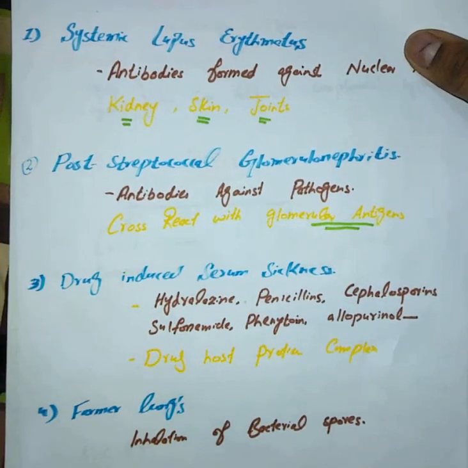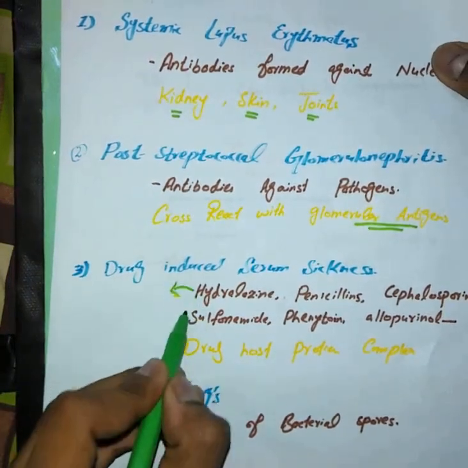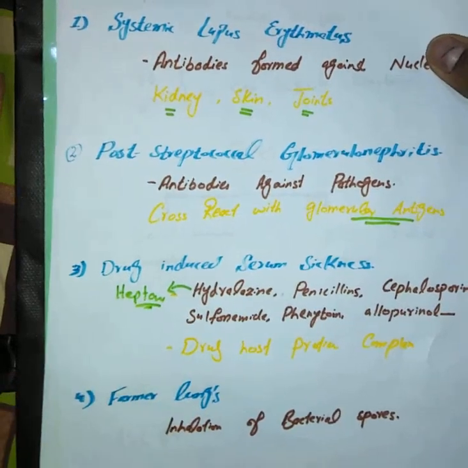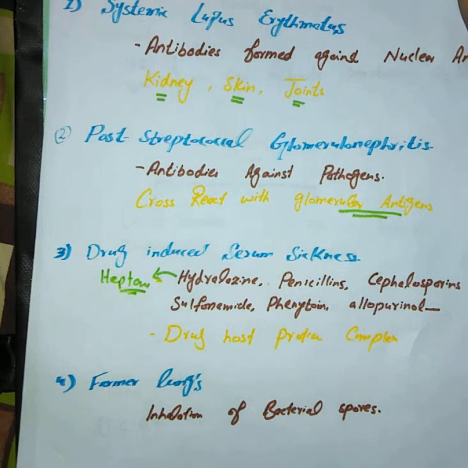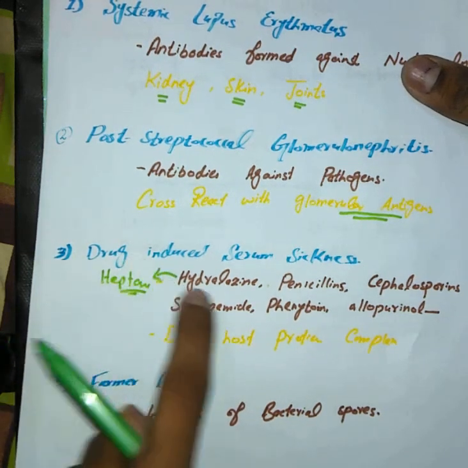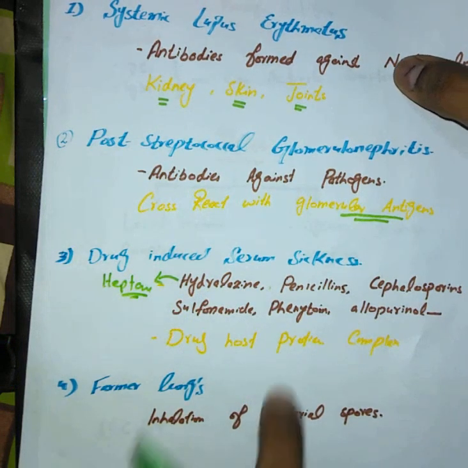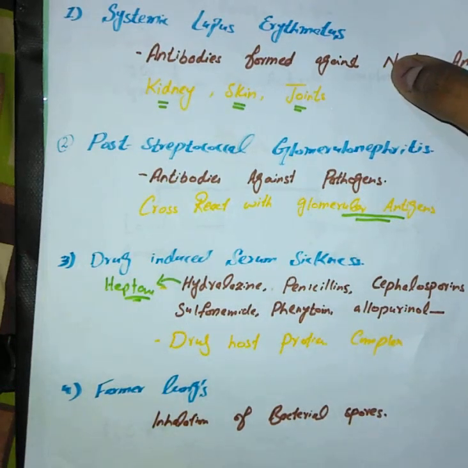Well, I will try to add one point: drugs are basically molecules called haptens. Haptens are molecules which by themselves cannot activate the immune system, and antibodies cannot be made against these drugs if they are alone. Now what will happen when they enter the body? There are certain carrier molecules.